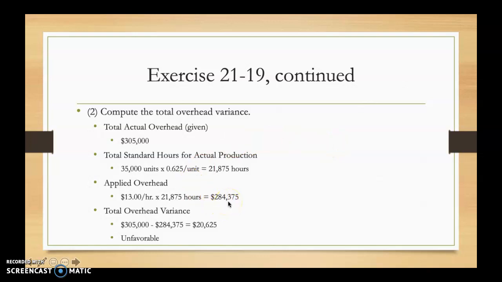That's the amount that we accounted for based on predetermined rates, but we actually incurred $305,000. So we incurred more than we planned on. So that would be about a $20,625 unfavorable variance.